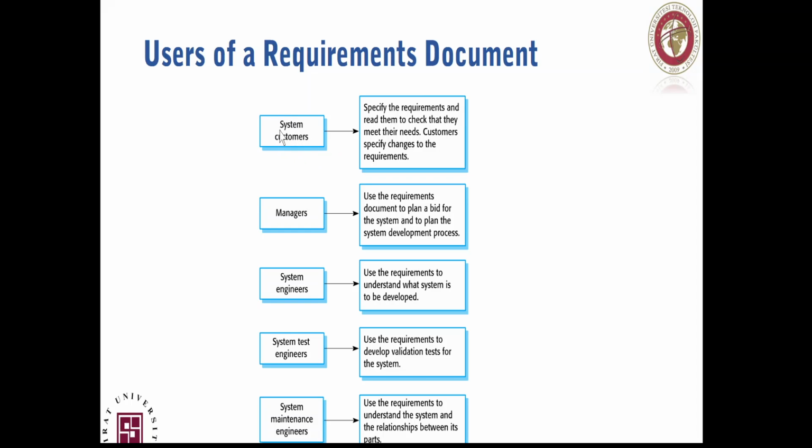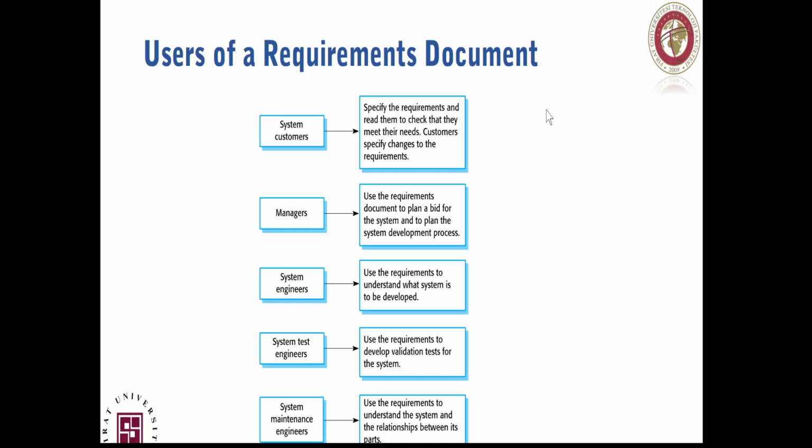These customers specify their own requirements and provide them to the developing company. Then the company should create the requirements in a formal way, as we explained in the previous session, and the customers should be able to read these requirements and check if they meet their needs or not.